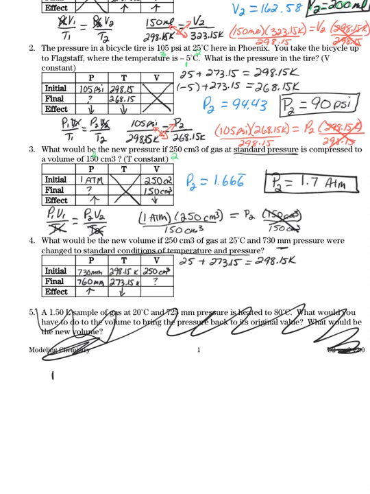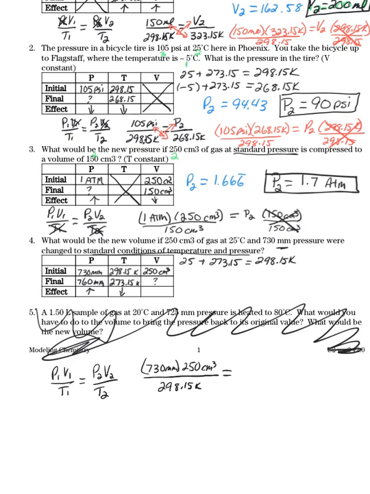So I have my P1 V1 over T1 equals P2 V2 over T2. Are you sensing a pattern here? It's the same thing every single problem. I always start with that formula, and then I just substitute in what I have. My pressure at the start is 730, my volume at the start is 250, my temperature at the start is 298.15.